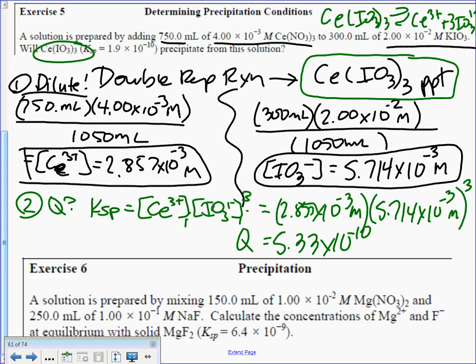Okay? Is that value greater or lesser than Ksp? You got 5.33 times 10 to the negative 10 versus 1.9 times 10 to the negative 10. Greater? Yes, 5.3 is greater than 1.9 because they're both to the same exponent. So this is greater than Ksp. So then you tell me, precipitate or ionized still?